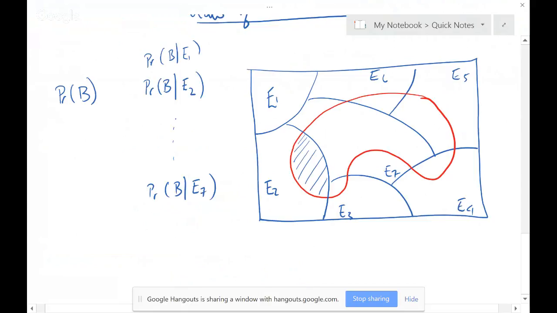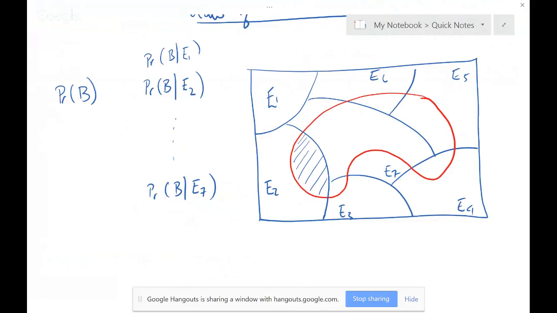Somehow we have all of these probabilities. It often happens that when you condition on some E2, you've broken down the problem and focused on a very limited setting where E2 has occurred. That's the intuition here.